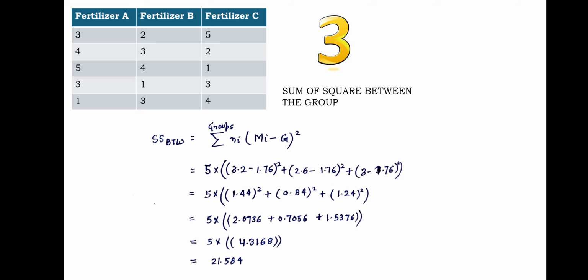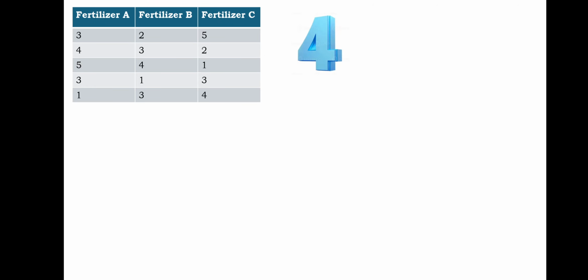So 5 into the bracket of 3.2, the mean of the first group, minus 1.76, the mean of all data, squared. We will add to it the second group in the same way: 2.6, the mean of fertilizer B, minus 1.76, the mean of all the data. Once you finish this exercise, you will see that the sum of squares between the groups is 21.584.